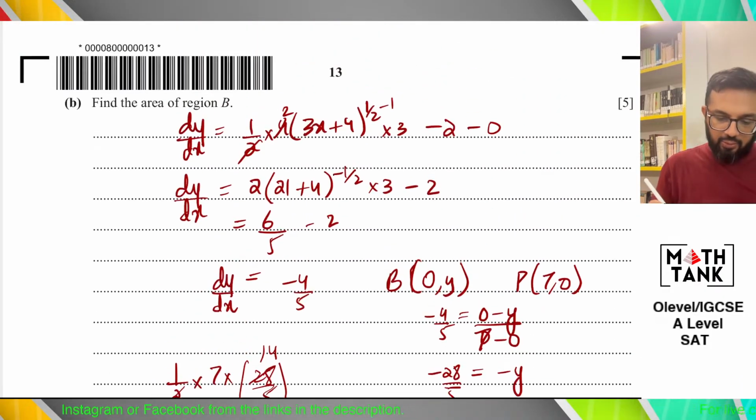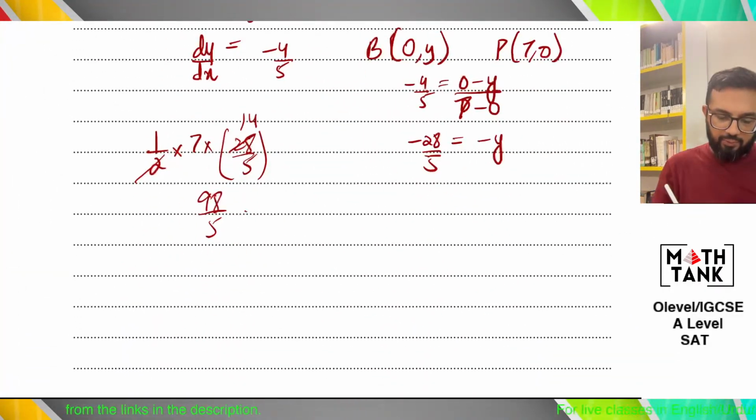(98/5), and then you subtract the area that A had, so 98/5 minus 13.